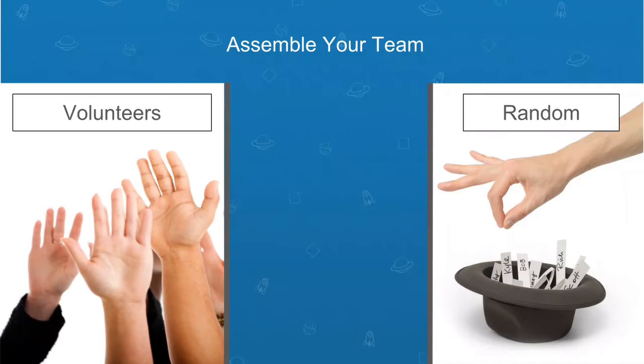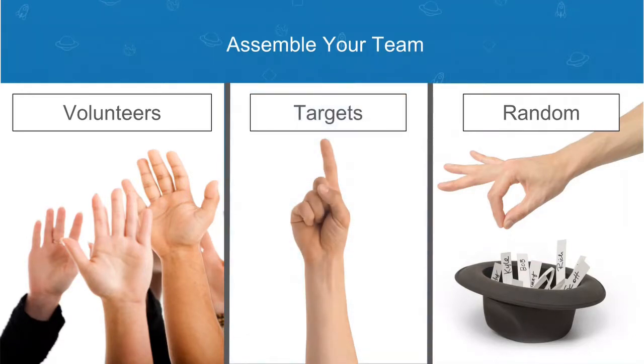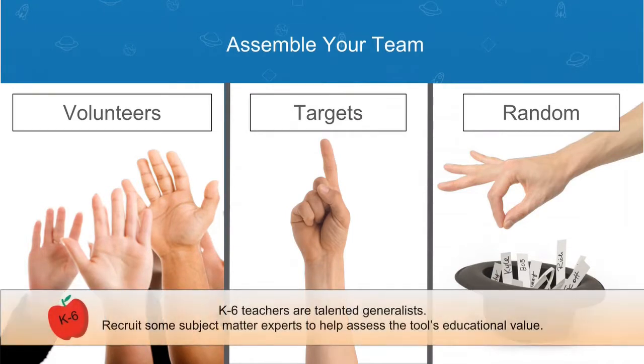And regardless of whether you're going volunteers or random selection, and of course that should be defined by what it is you're trying to learn, whether it's adoption or effectiveness, you should also have a handful of teachers that are subject matter experts or that are notoriously honest and forthcoming or have any other desirable qualities that would make them champions in this pilot. This will help curb some of the uncertainty that comes along with the fact that primary and elementary teachers are talented generalists.